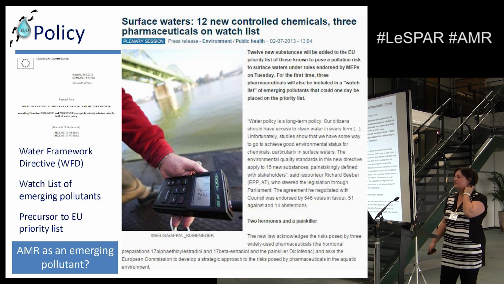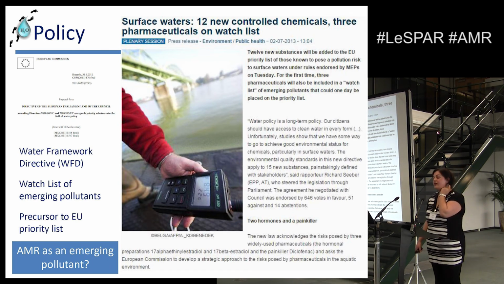So just to finish off here, in 20 years, when they first started seeing those dodgy fish, you now have the Water Framework Directive, which has a watch list of emerging pollutants, which is a precursor to the EU priority list. If it's defined as an emerging pollutant, so things like estradiol, diclofenac, ethinyl estradiol are, then it means it will start conforming to quite a few different things.